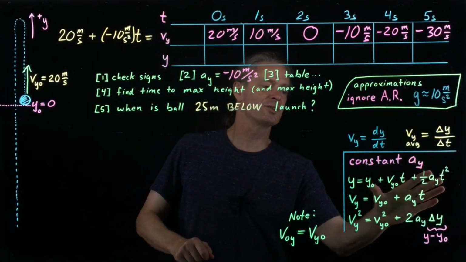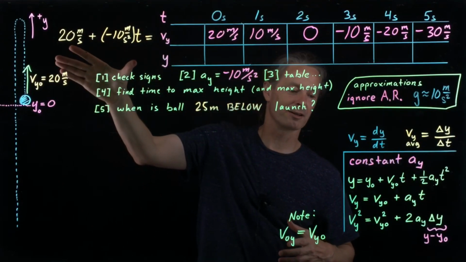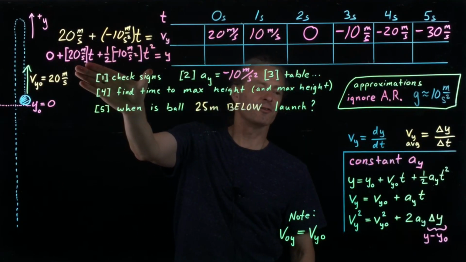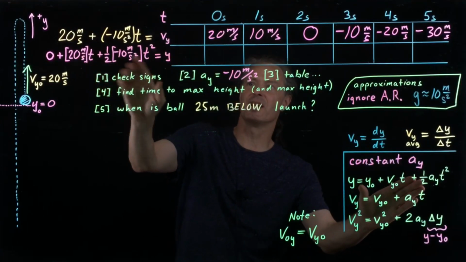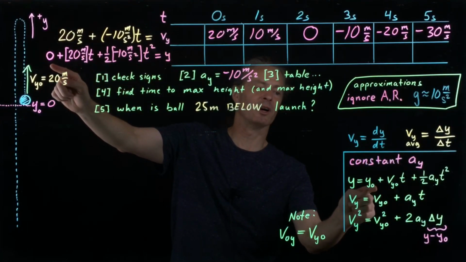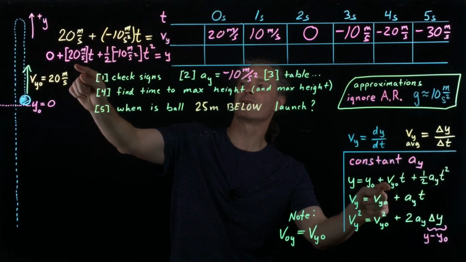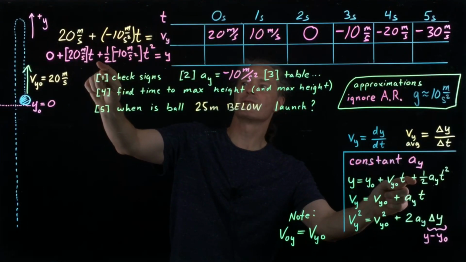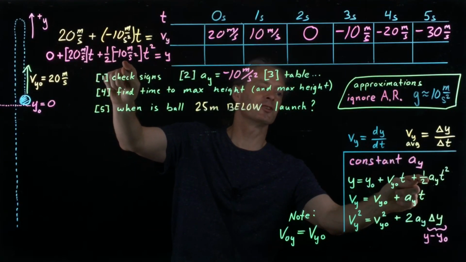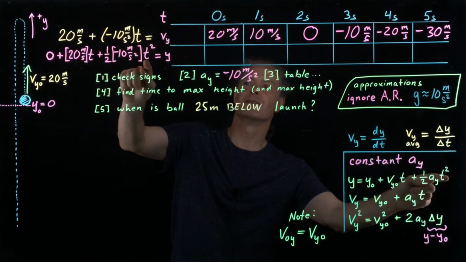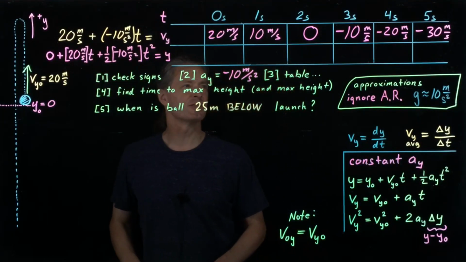So I'm going to take this and put it over here. I've had to kind of crowd that in there. I flip the sides. Here's my y sub 0, my v sub y 0 t, plus 1/2 acceleration, negative 10 meters per second squared, t squared.